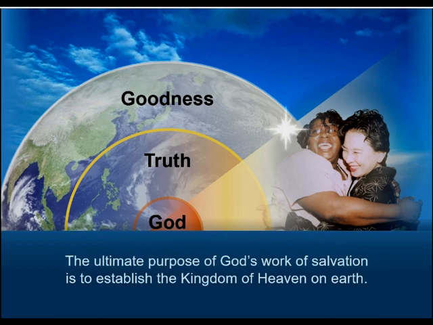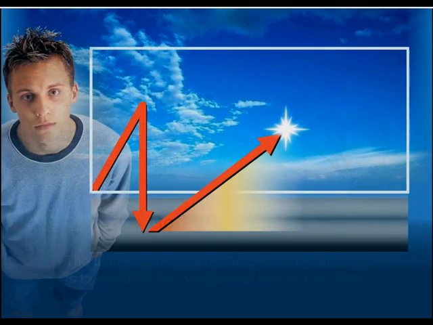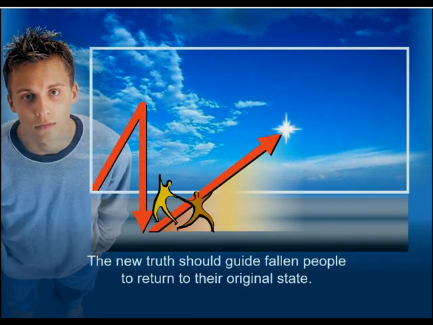The ultimate purpose of God's work is salvation. God's work of salvation is to establish the kingdom of heaven on earth. The new truth should guide fallen people to return to their original state. When Divine Principle talks about the original state, it talks about this point from which human beings were supposed to grow.